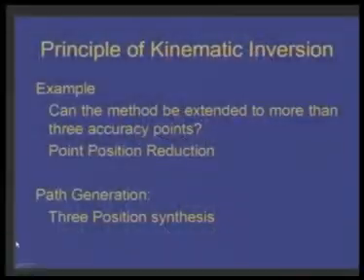It does not matter, but the choice of the link depends on the problem. For example, in both motion and path generation problems, we had to hold the coupler fixed and allow the fixed link to move. In our next lecture, we will discuss the function generation problem, and we will see that we have to make a different kind of kinematic inversion to solve that problem.